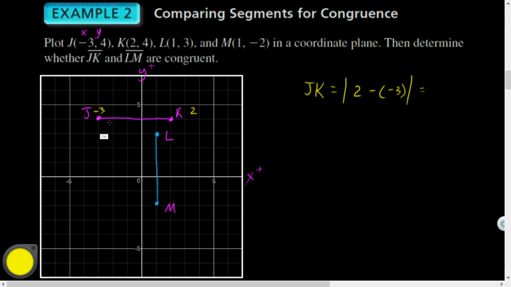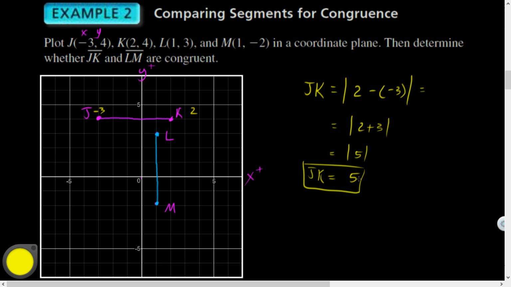If this was diagonal, that's a no-go. You're going to have to use a different distance formula, friend. 2 minus -3 is the same as 2 plus 3. Absolute value of 5, I get 5 is the length of JK, the distance from J to K.